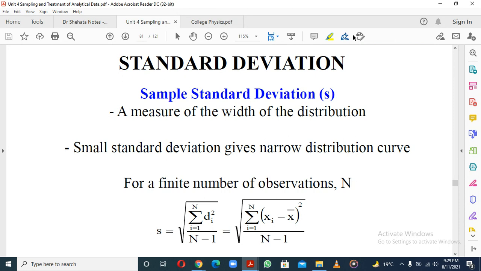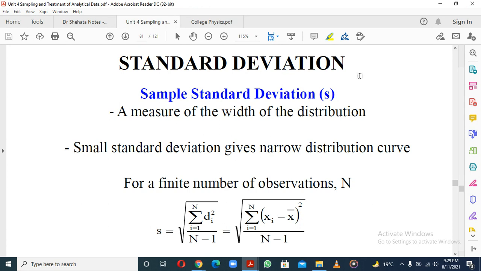If your values have a small standard deviation, they are not deviating from the mean by a huge margin, and this means your values are not far from one another.